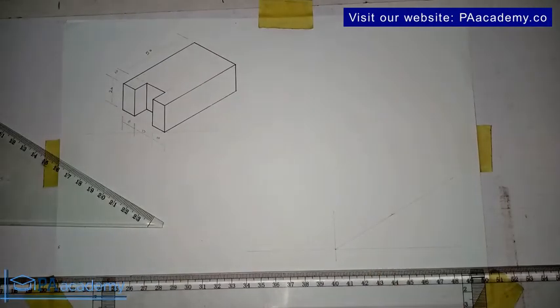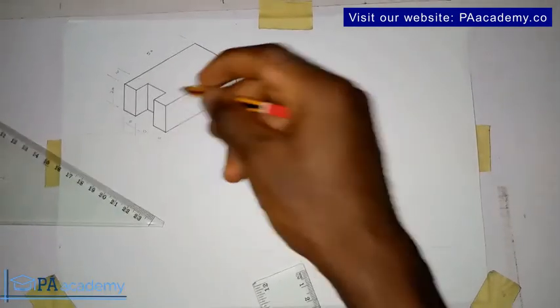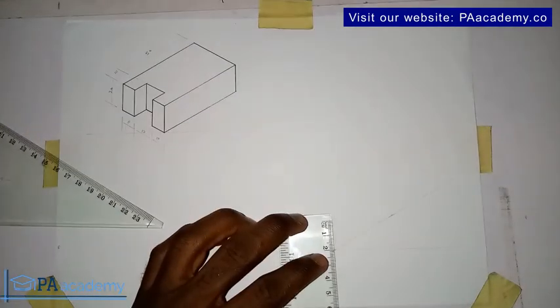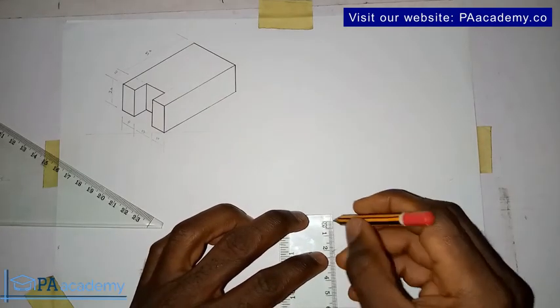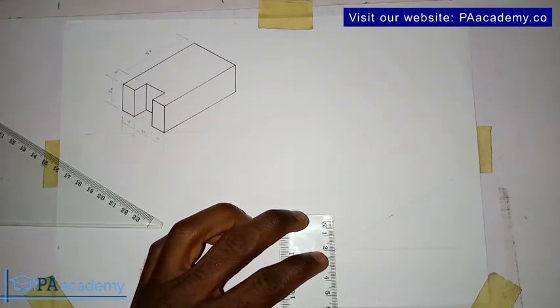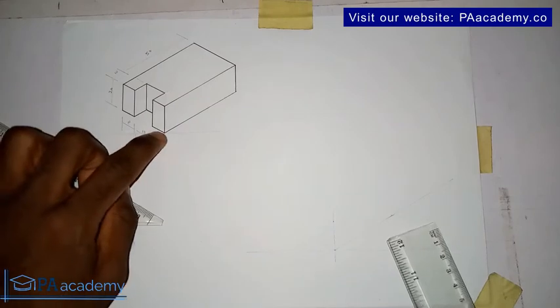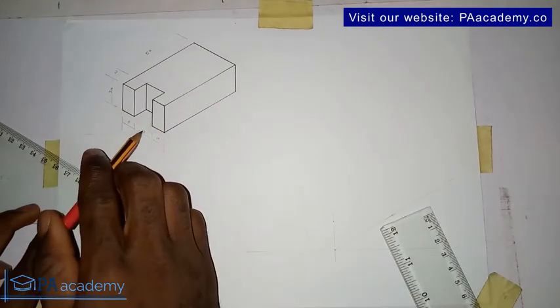So now let's take our measurements. The height of this from here to here is 2 cm. So let me measure the 2 cm. So this is my 2 cm point. While from here to here, the total is, you can see we have 10, 15 and 10.